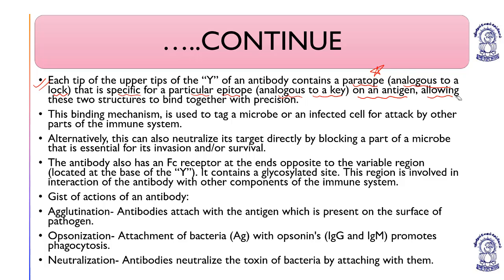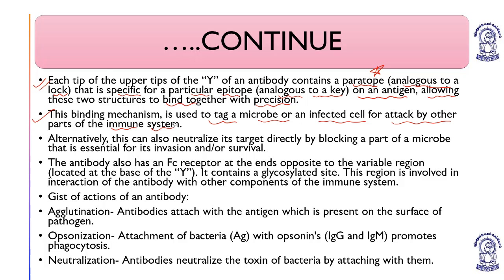Okay? Allowing these two structures to bind together with precision. This binding mechanism is used to tag a microbe or an infected cell for the attack by other parts of the immune system. So basically antibodies or the immunoglobulins, they help to identify the antigen by making a lock.